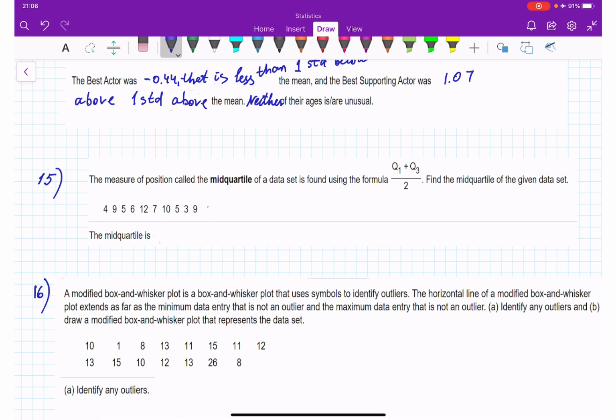Again, we need to arrange in ascending order. Since this is a small data set, I can do it right here. It will be 3, next 4, 5, 6. Oh, another 5, hold on.